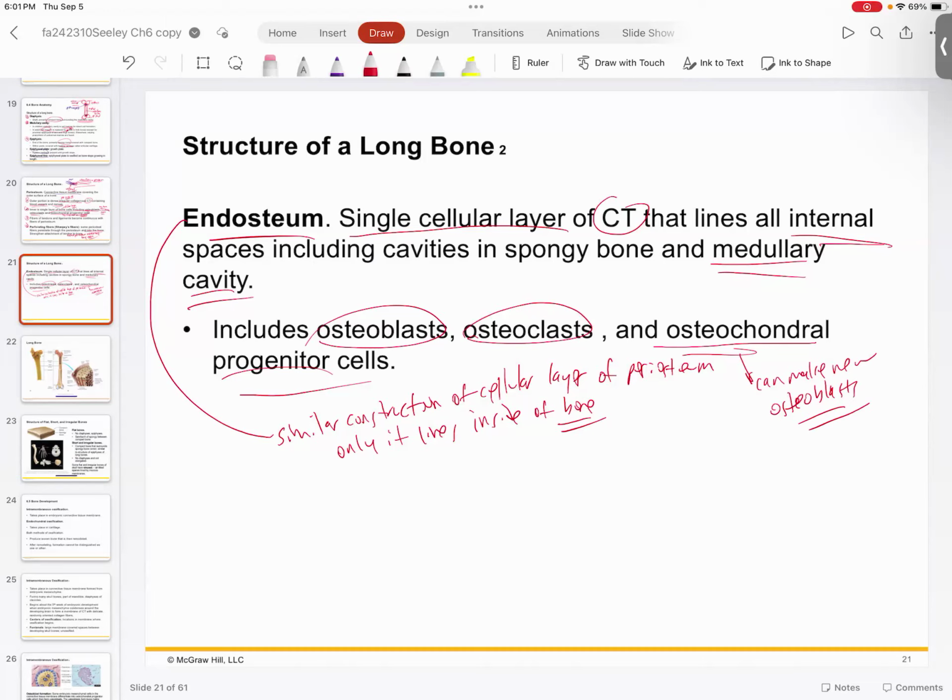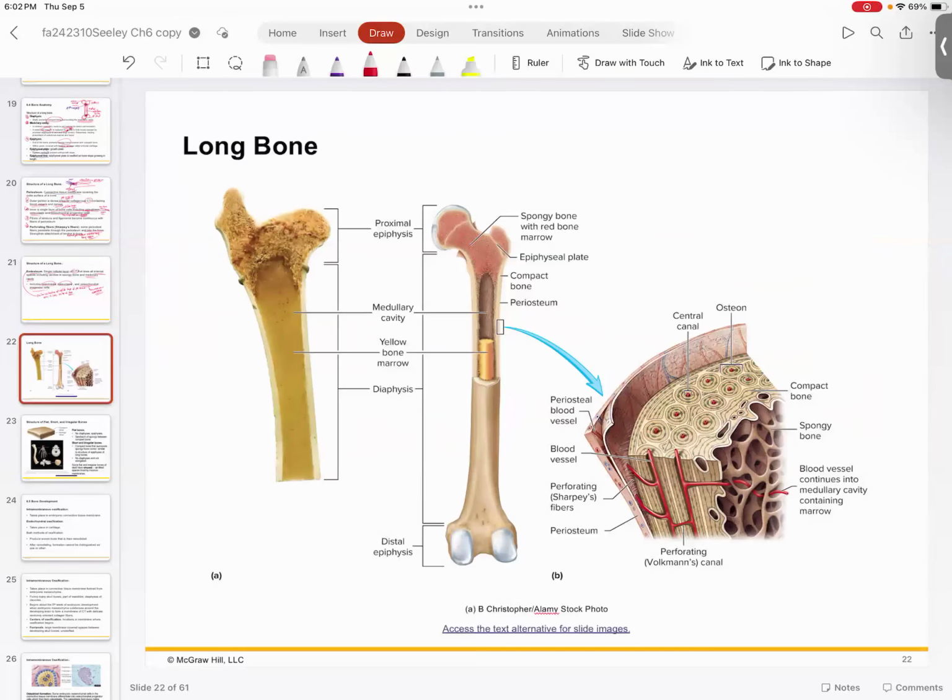So you have a cellular layer on the outside to lay down bony matrix on the outside of the bone, and you have a cellular layer in the endosteum on the inside of the bone, so you can lay down new bony matrix on the inside of the bone itself. This becomes abundantly important, especially when we start talking about wound repair and the mechanism of bone break healing.